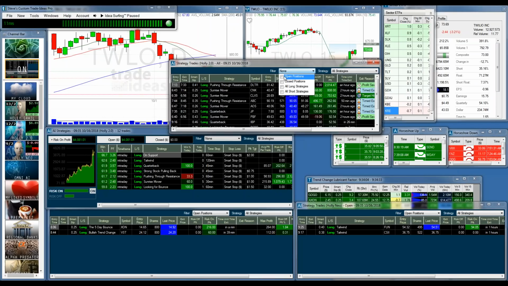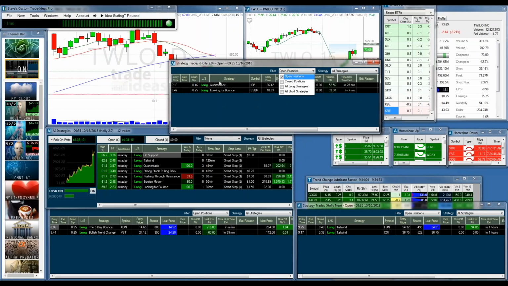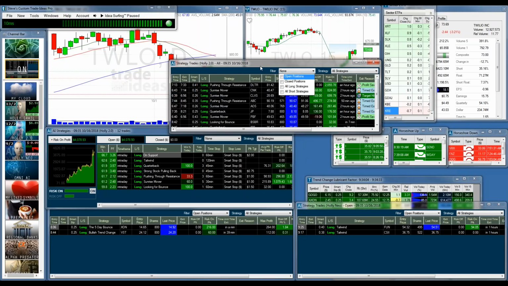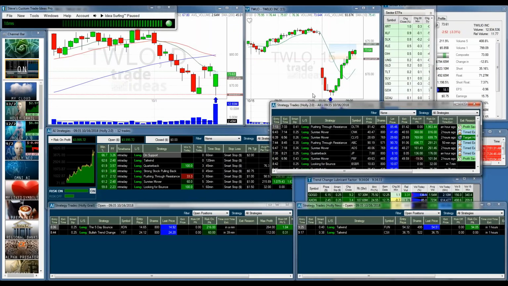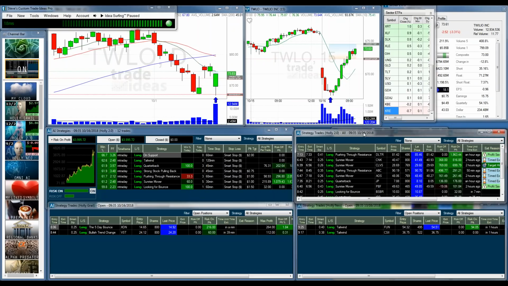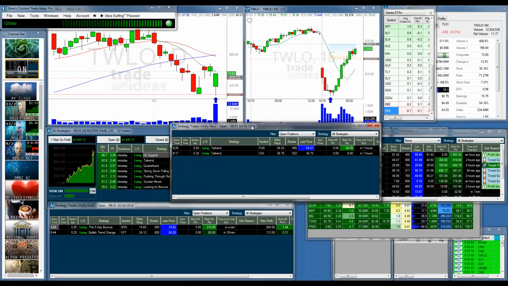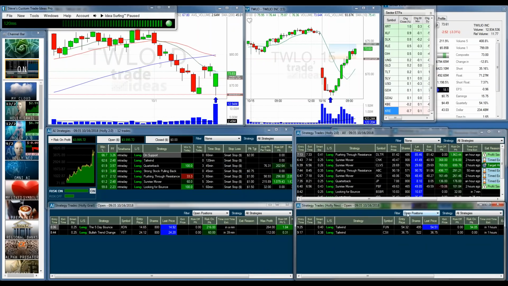If I switch over to open trades, we will see only 2, but I'm going to switch back to all trades for demonstration. This is a basic layout that I've created. I've done one trade window for the Holly Grail, one for Holly 2.0, and one for Holly Neo.